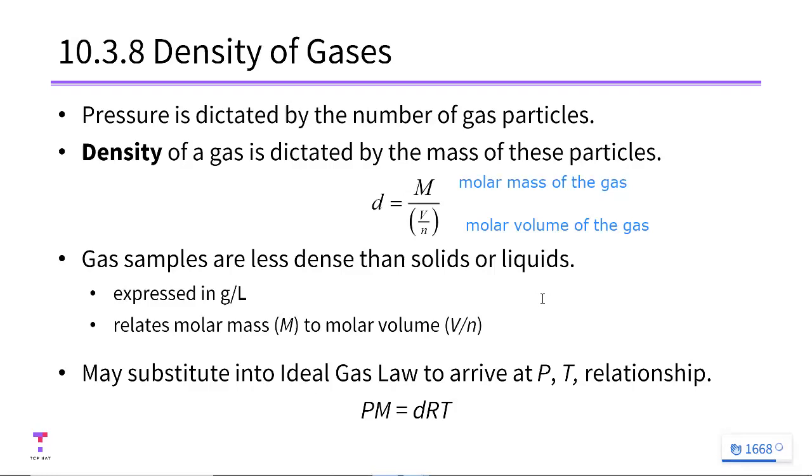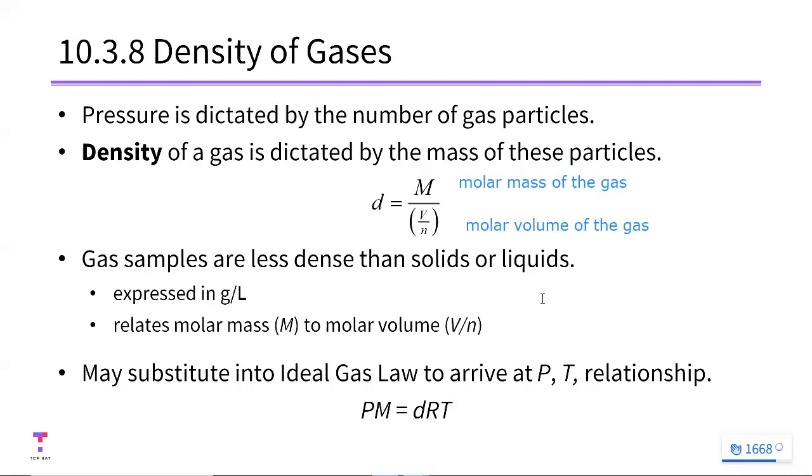Because we are dealing with gases, it is common to express gas density in terms of grams per liter instead of grams per milliliter. For liquids and solids, we usually go grams per milliliter because they're considerably more dense. But gases, because they are so expansive, we tend to think of them in grams per liter just so that the numbers aren't so small.